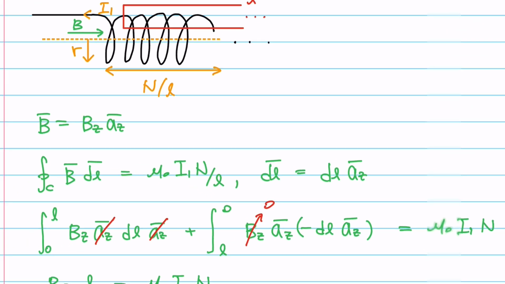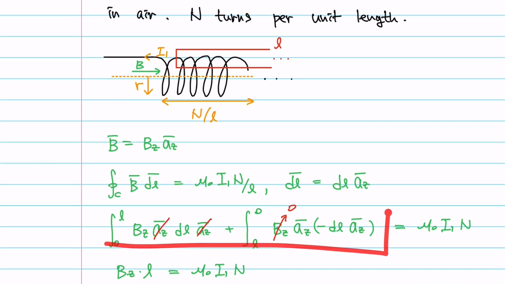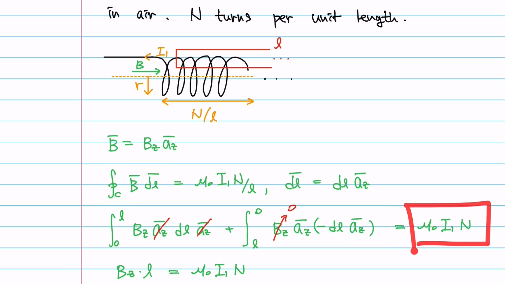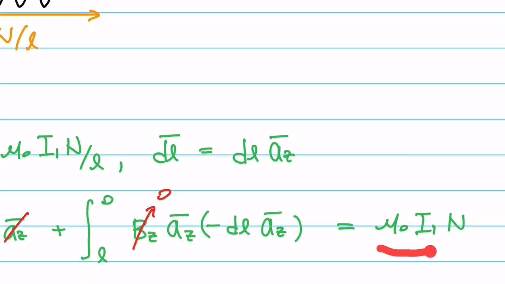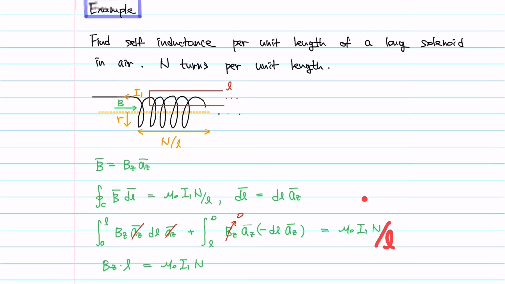These two chunks of the equation represent this guy, and this is still equivalent to mu naught I times n. The L over L, the L disappeared in this case because we already integrated over the length of L.